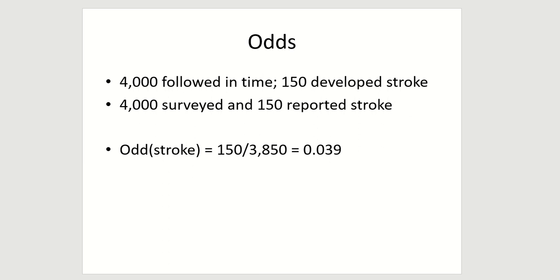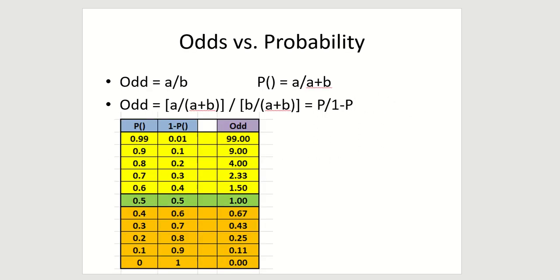So the odds are quite different from a probability. It's the success over failure, whereas probability is success over everybody. When we're talking about risk, we're calculating something that resembles probability more than it resembles odds.